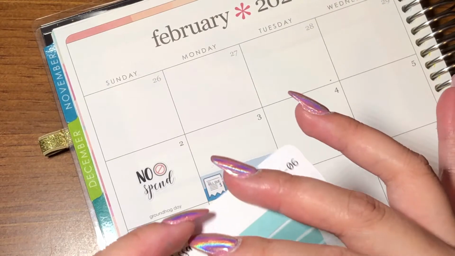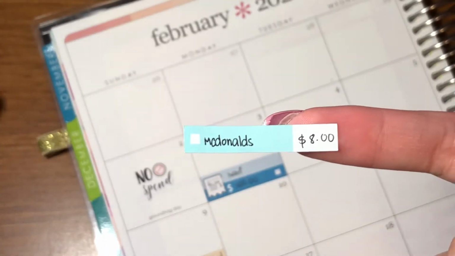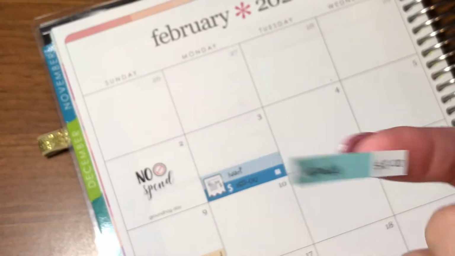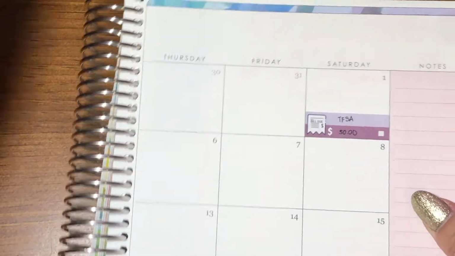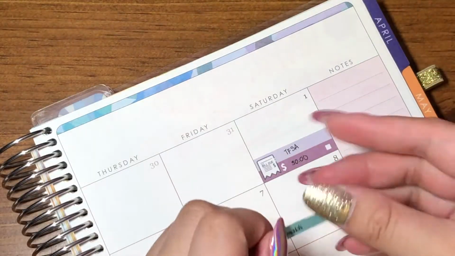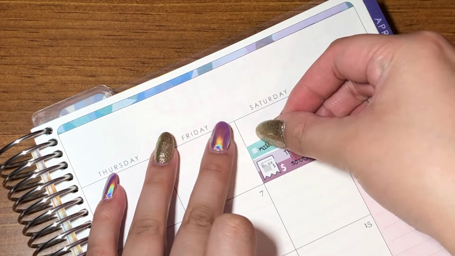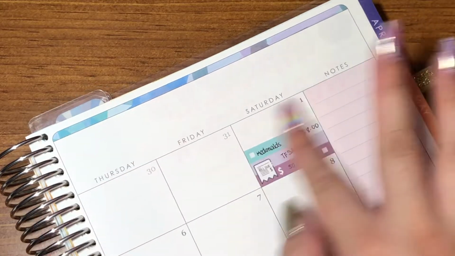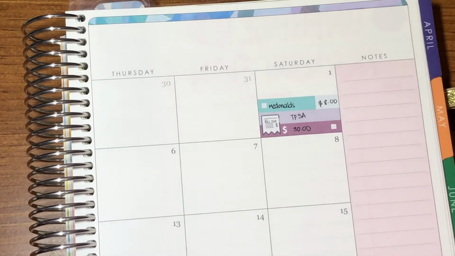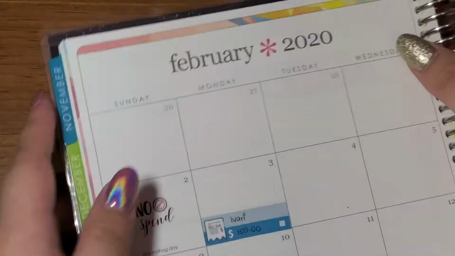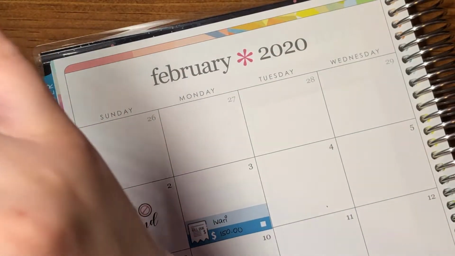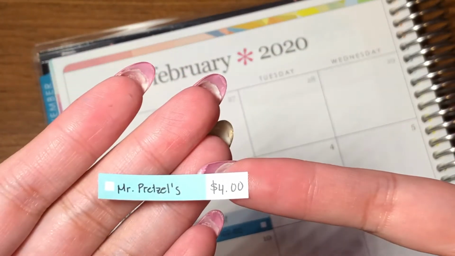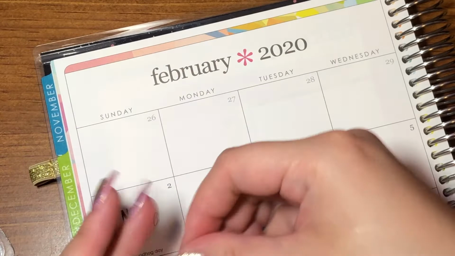So the first one is a McDonald's expense of $8, and that was on February 1st. Alright, and the next one was on this part. That's February 3rd, and that was a $4 Mr. Pretzel's expense.